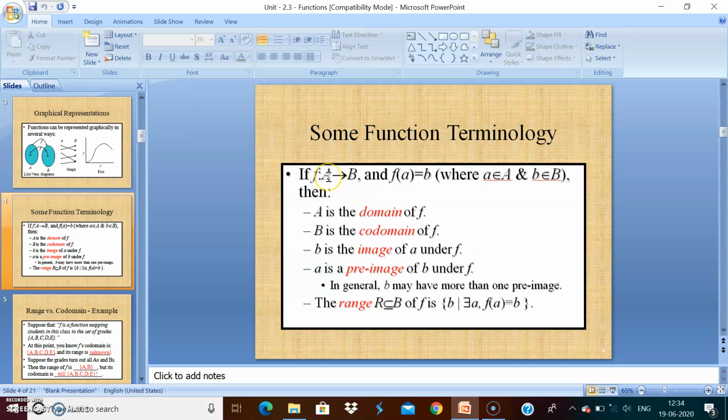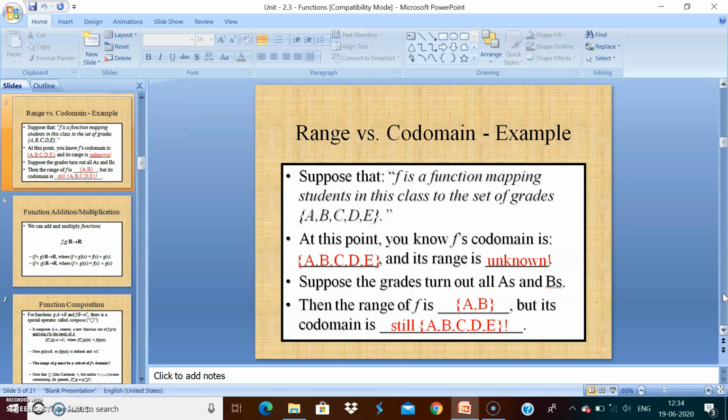Sometimes A is the pre-image and B is the image. In the reverse case, it is domain and codomain, image and pre-image. Those are the different terminology of functions.